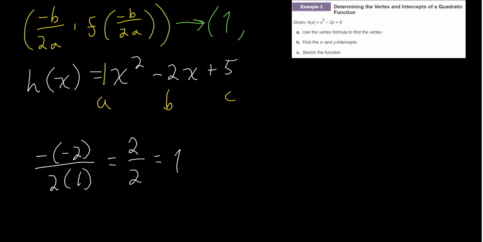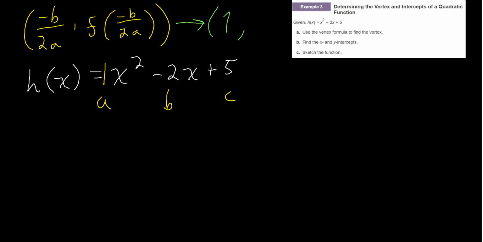We have the 1 here that we derived from negative b over 2a, so we're going to do f of 1. Sorry, it's actually h of 1. You've got to be careful with notation, because the function's name is h, so we're going to abide by that.